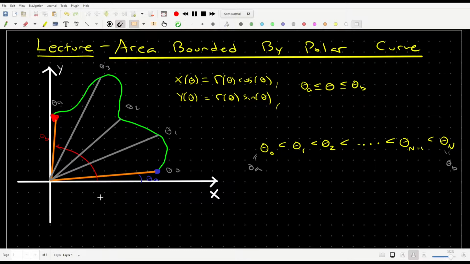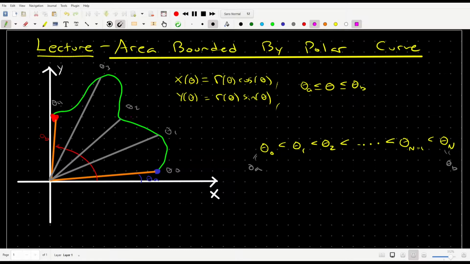So if we want the area bounded by this curve, an approximation is to take a circular segment at some theta k in each one of these intervals of theta and find the area of that segment.